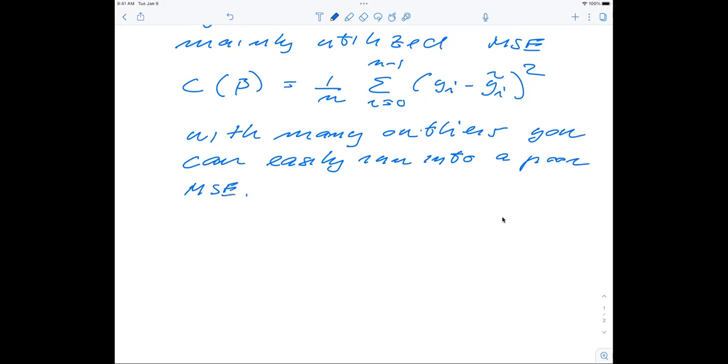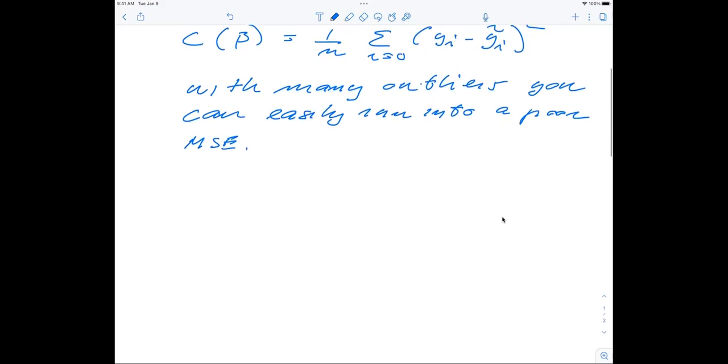So what is often done is to define a new function, and this function is normally called the Huber function, which combines the mean squared error with the absolute error. So this is normally called the Huber cost function, or just the Huber function, or the Huber loss function.